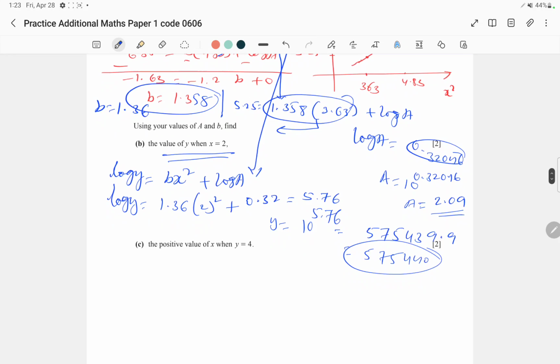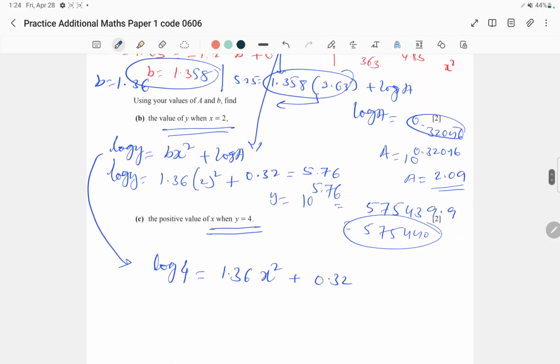Now find the positive value of x when y is 4. No problem. Again I will use this result, but this time log y is log 4, b is 1.36, and the log a is 0.32.